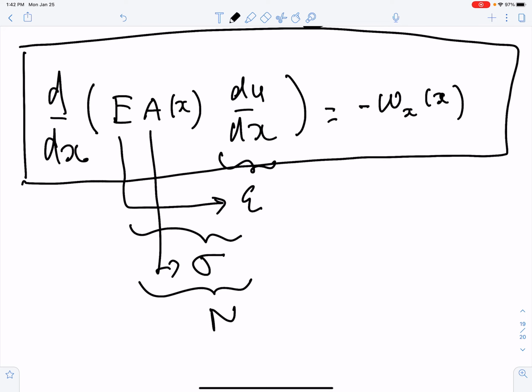So for every applied distributed load, given the problem material parameters for the bar and the bar geometric parameters, I'm going to find my axial displacement u that satisfies this relation and the boundary conditions.